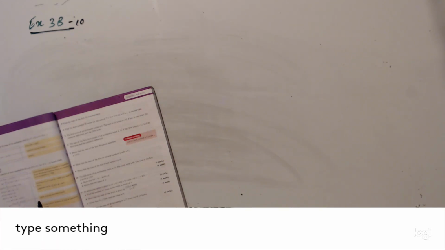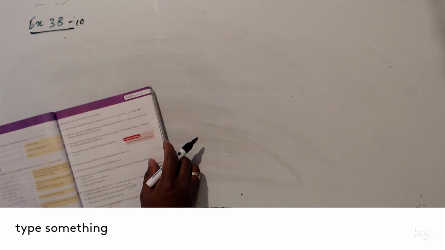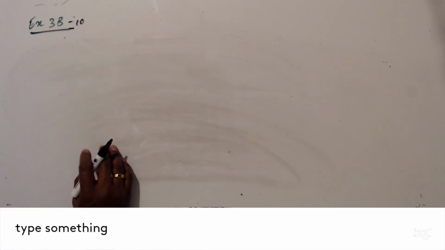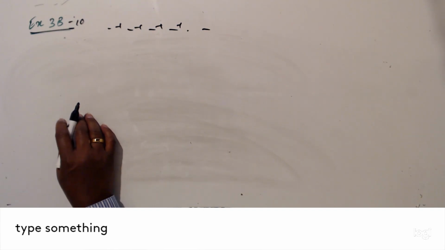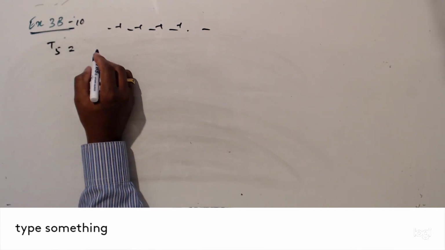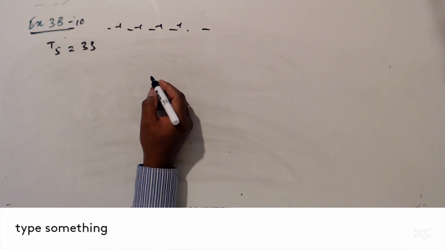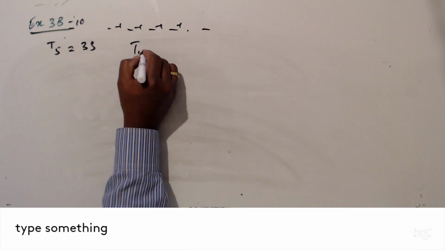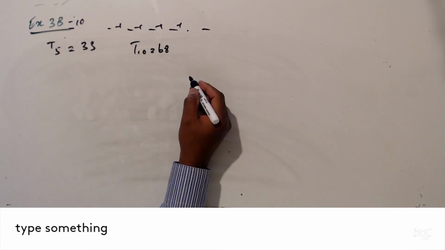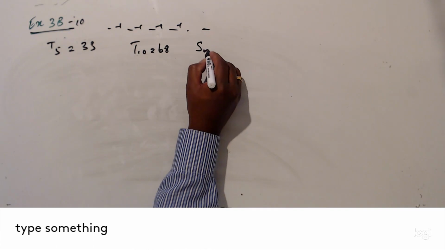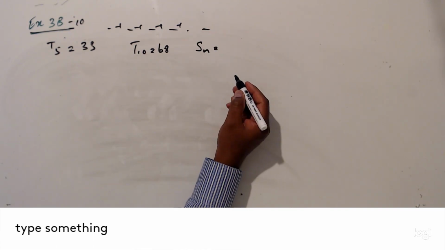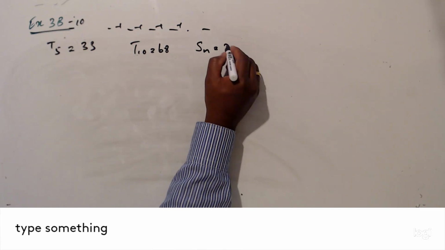When you get this kind of sum in the exam and usually don't know what to do, the first thing you need to do is write the data down. The fifth term is given as 33, the 10th term T10 is given as 68, and the partial sum of n terms, Sn, is 2225.